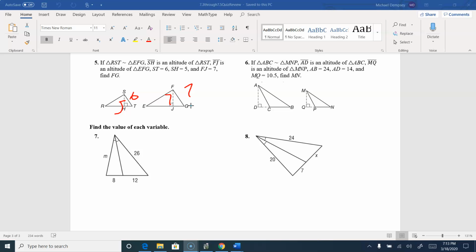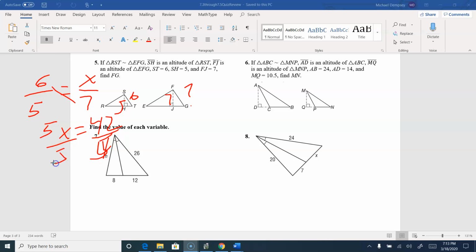That's what they're asking me for, right? So I could set something up here like 6 is to 5, side to altitude, as X is to 7. We cross multiply, we have 5X equals 42. And then we divide both sides by 5. So I get X equals 8.4. Another decimal.